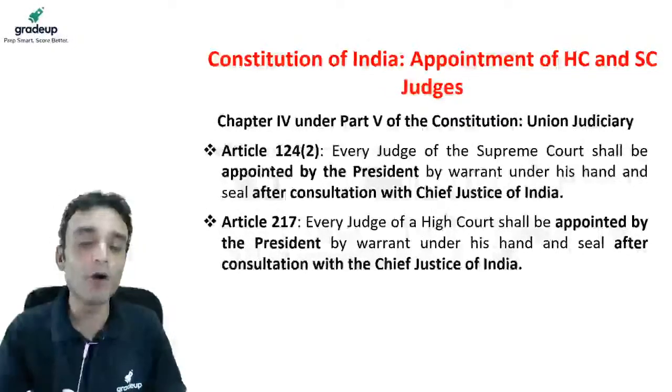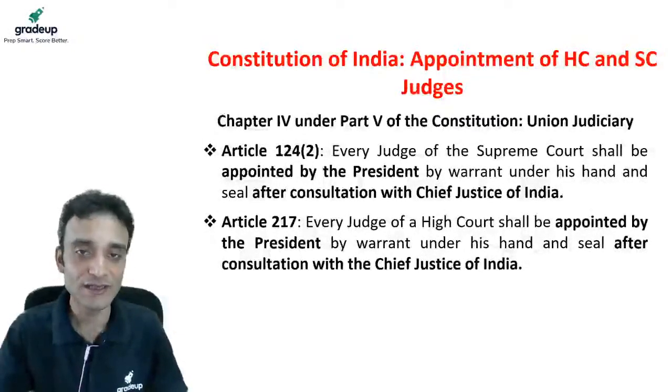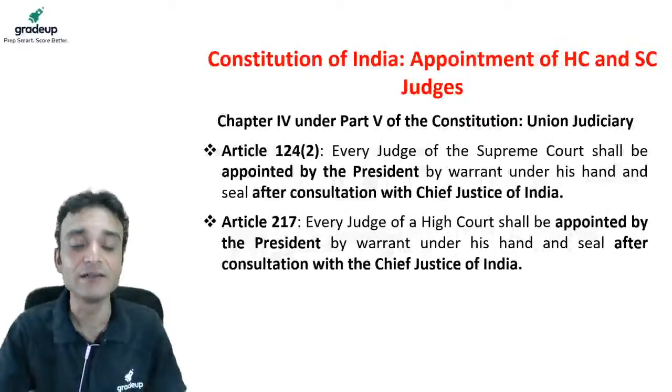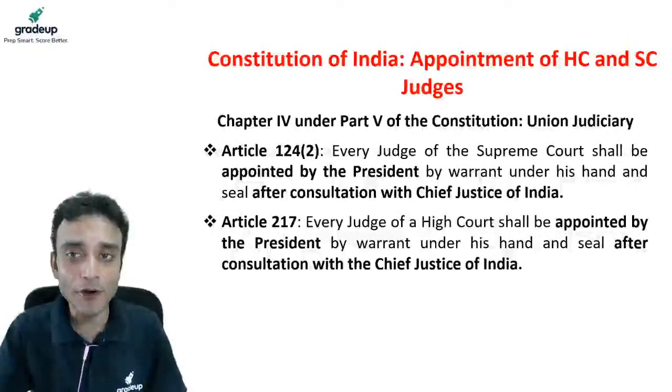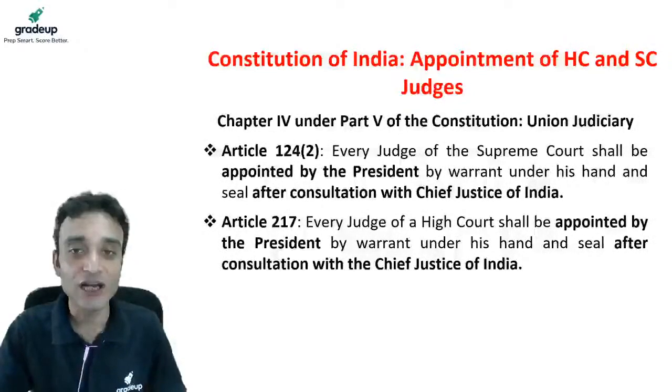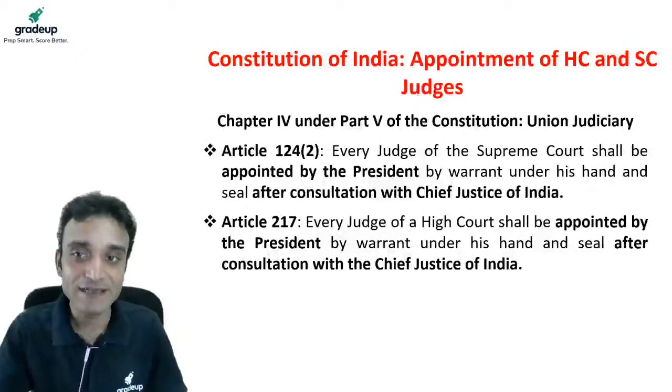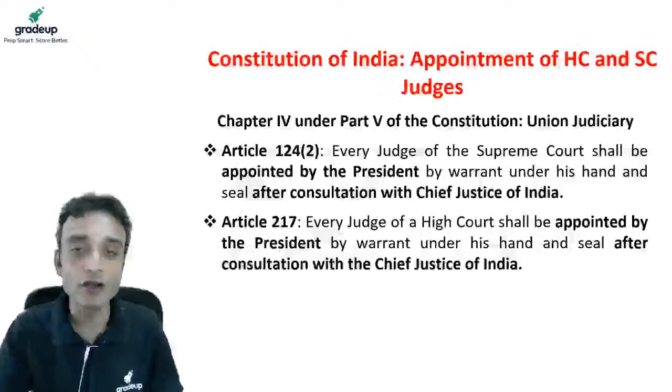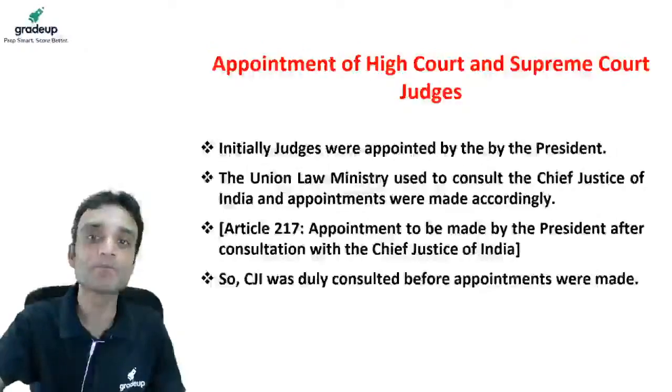So there are two important constitutional provisions, Article 124 and Article 217. These two articles talk about the appointment of judges to the Supreme Court and the High Court respectively. So both the judges of the High Court and the Supreme Court are appointed by the President of India after consultation with the Chief Justice of India.